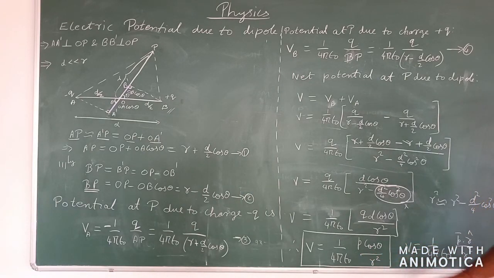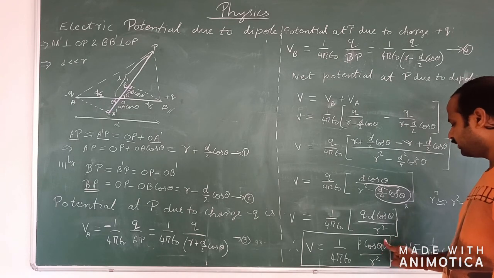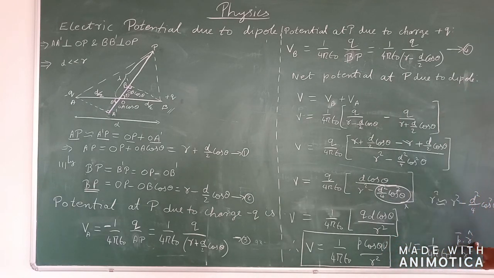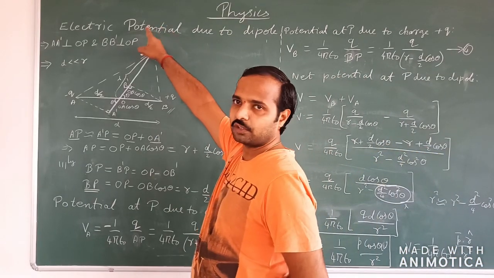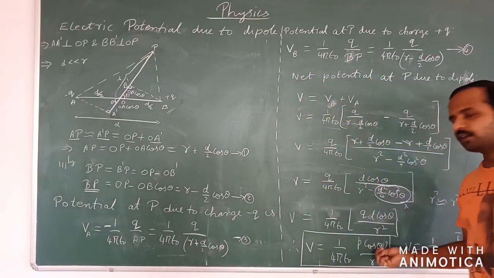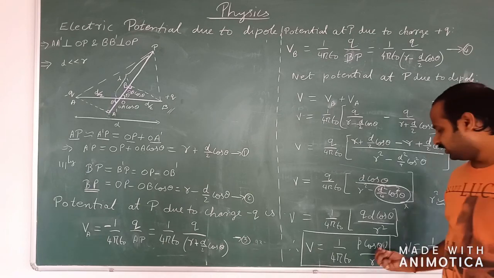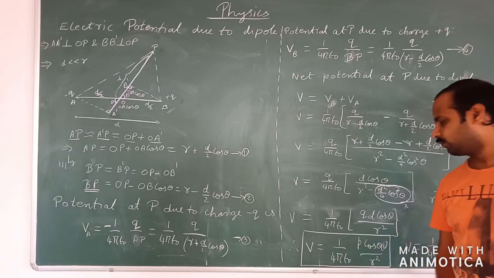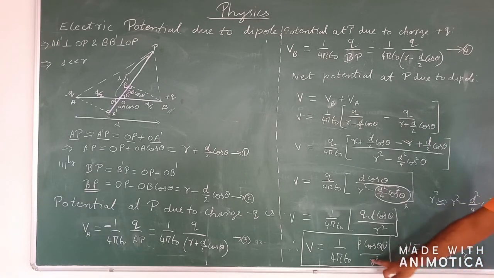Because P bar dot R cap is P cos theta into 1, the magnitude of the unit vector. If the point P at which the electric potential has to be found lies on the axis of the electric dipole moment, then theta becomes either 0 or 180 degrees. In such a case, we get the expression V is equal to plus or minus 1 by 4 pi epsilon naught into P by R square.